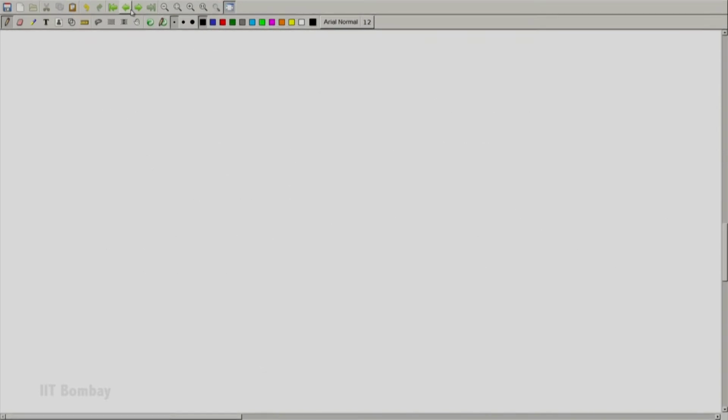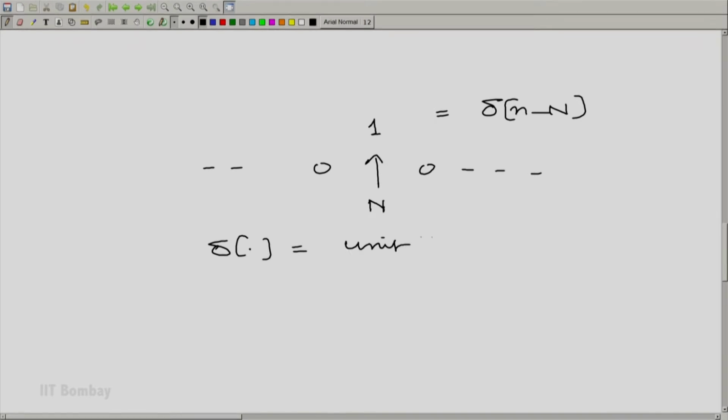So, for example, if I have a 1 at the location capital N and 0 everywhere else, this is essentially the sequence delta[n minus N], where delta denotes the unit discrete impulse, or unit discrete impulse sequence as we would like to call it. For every different capital N, a different unit vector.